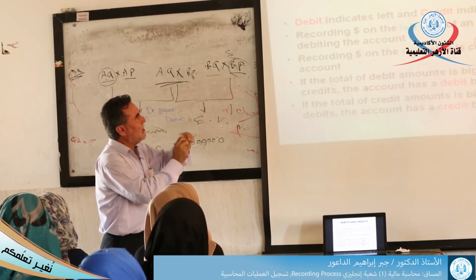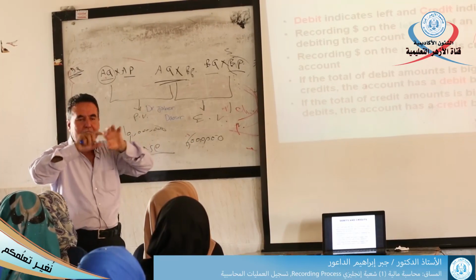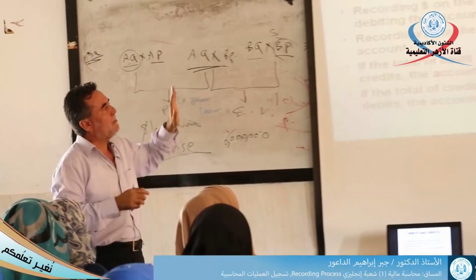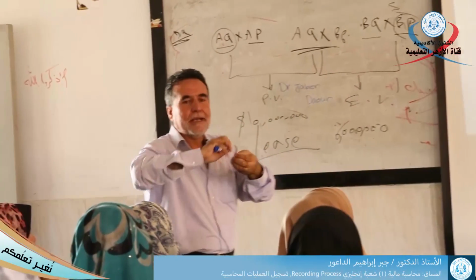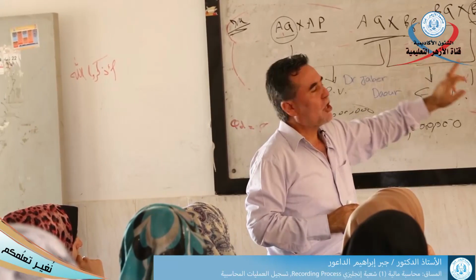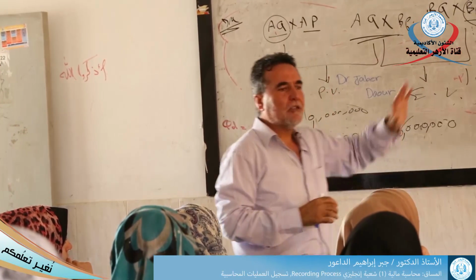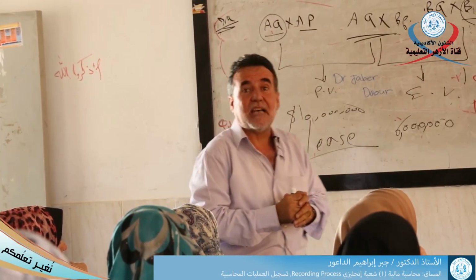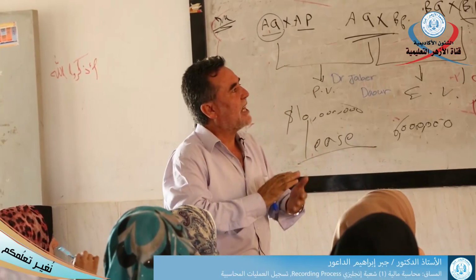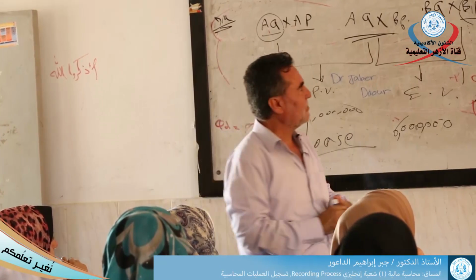يعني لما أسجل الاماونت المبلغ في الجانب الشمال بيكون debit. Recording the amount of the dollar on the right side is crediting the account.